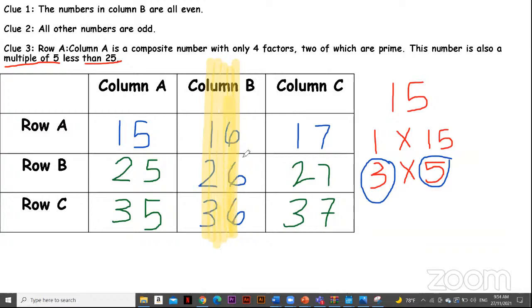Because we need to ensure that we are matching what the rules are saying. Yes, they're all even. All right, so let us go ahead and tick that off.